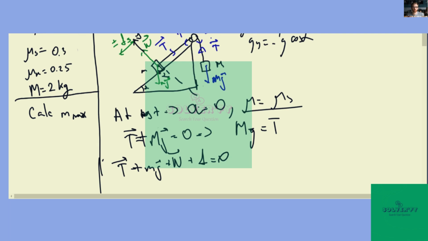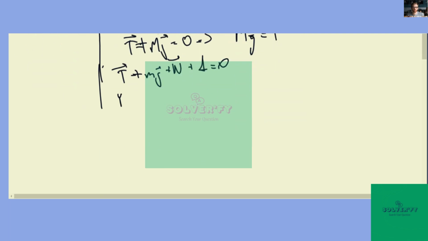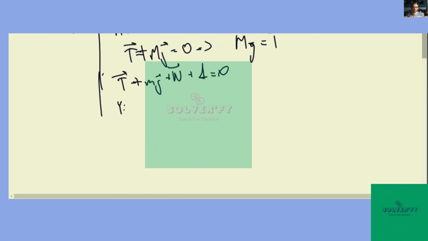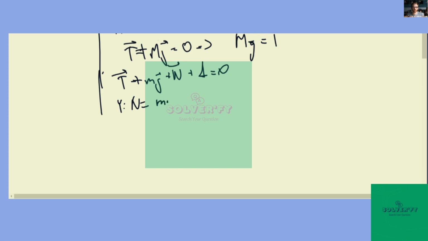Now let's project it onto the y-axis. On the y-axis, N equals mg cosine alpha. Oh, sorry, I misspoke at first; it's mg cosine alpha. And on the x-axis, T equals mg sine alpha plus minus the friction force.